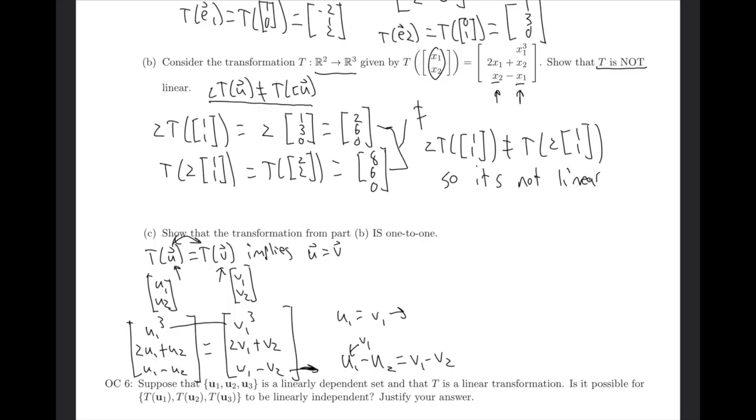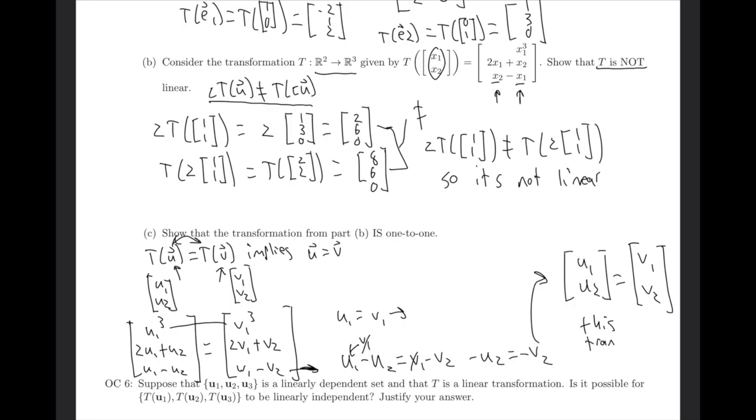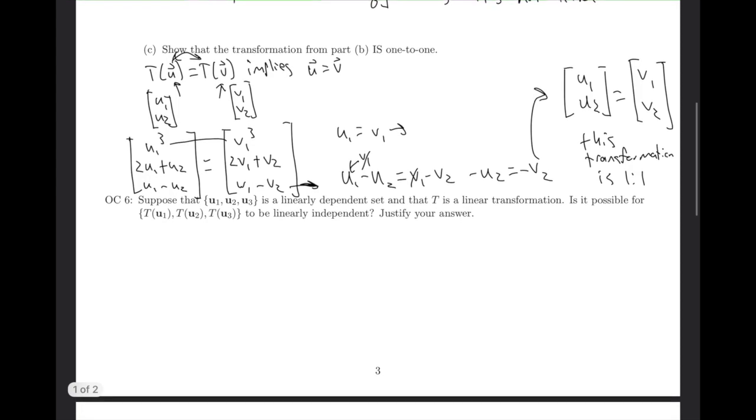And we notice v1 cancels, and we have negative u2 equals negative v2. And then from that, we say that u1, u2 equals v1, v2, as we just proved. So this transformation is 1-to-1.